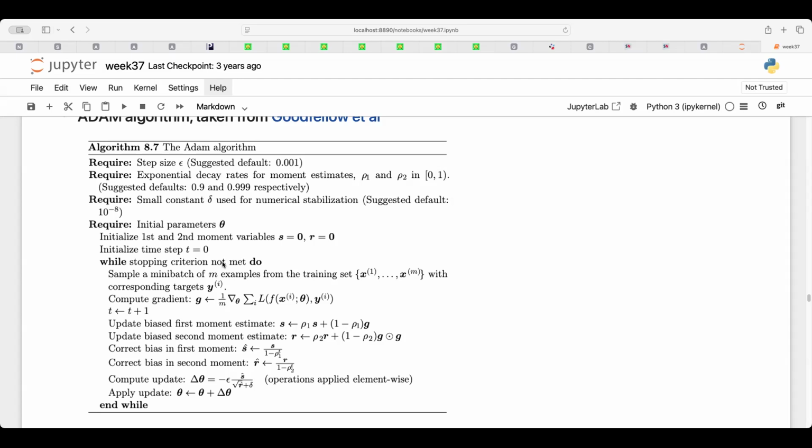In your case, you're going to have the exact answer, and you will not be too happy with stochastic gradient descent because you have to tweak the parameters to get to the exact answer.